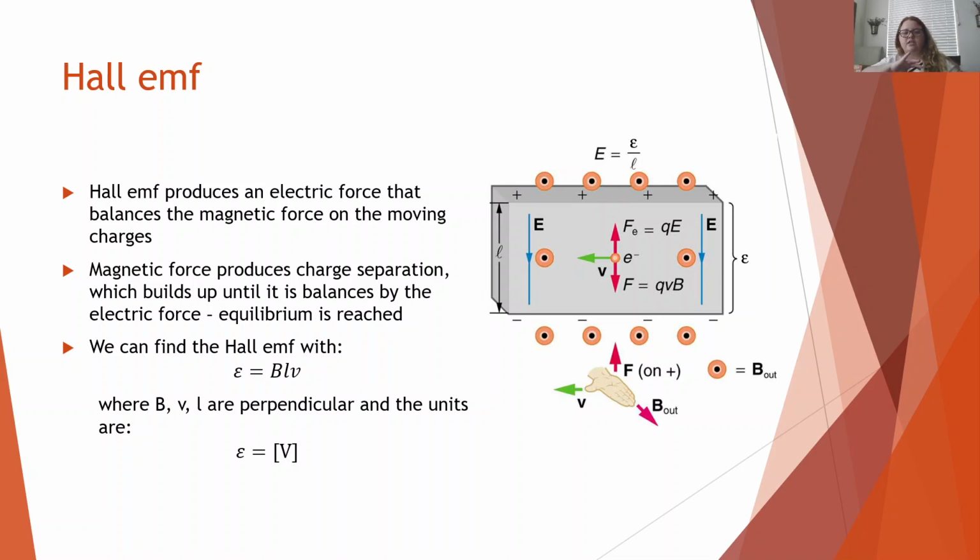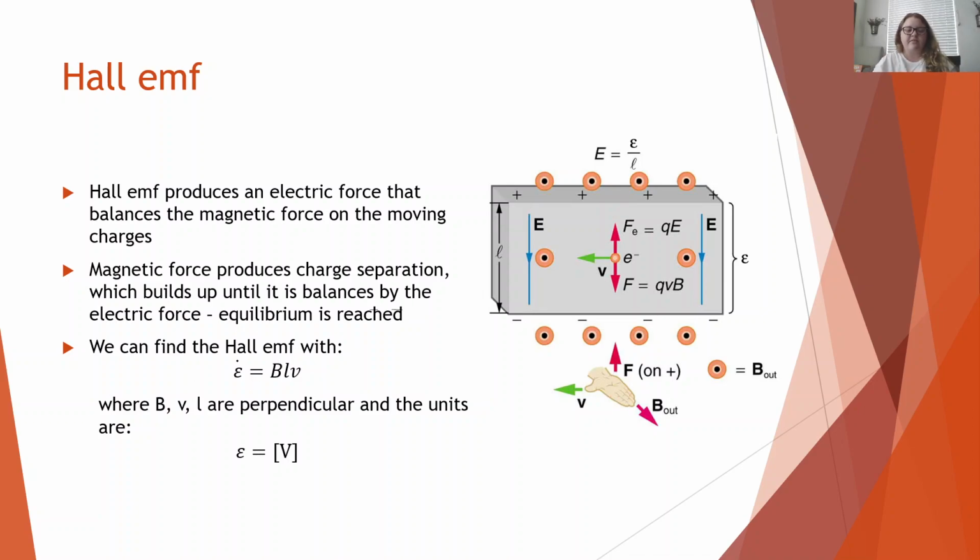So everything should be in balance, or in equilibrium. The magnetic force produces charge separation, like we said, and it builds up until this equilibrium is reached. So we will have a buildup of these charges on either side of the conductor until we have an equilibrium in the system.